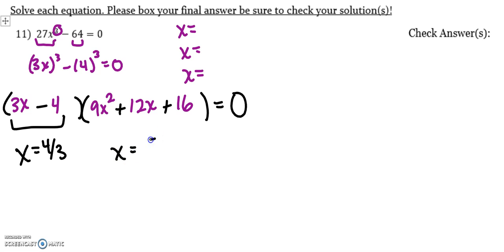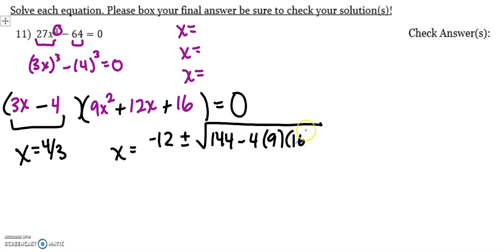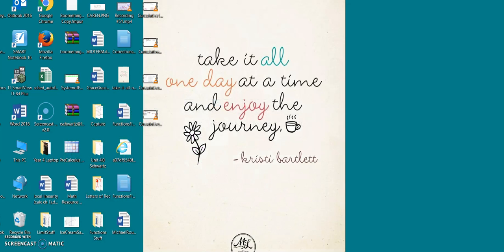So x equals opposite b plus or minus square root b squared minus 4ac all over 2a. So this looks like it definitely should clean up. 4 times 9 times 16. Oh my goodness. Let me grab my calculator. That's not one that I know off the top of my head.